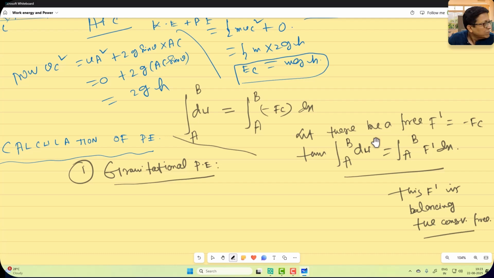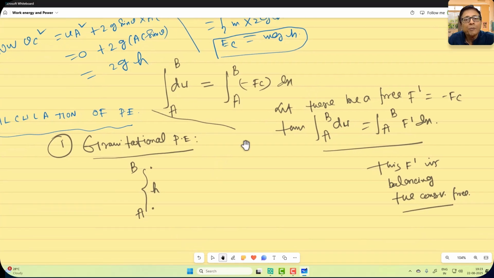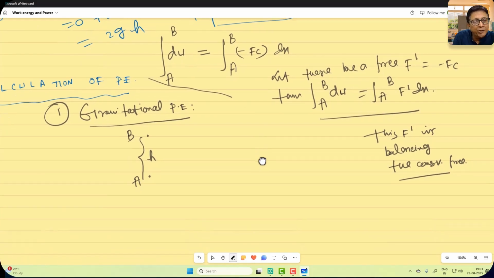Okay? So for gravitational potential energy, you are taking it from the point A to the point B. Height is h. Now if you apply this equation, A to B dU, or simply delta U from A to B, is what?